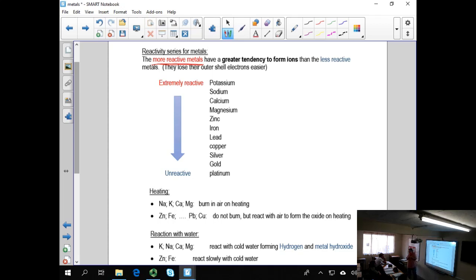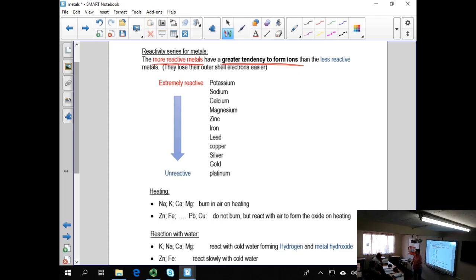In terms of being more reactive, what does it mean? It actually means that they have a greater tendency to form ions. How do metals form ions? They lose their outer shell electrons. In other words, it comes down to metals having low ionization energies. But within that concept, some metals have lower ionization energies than others.